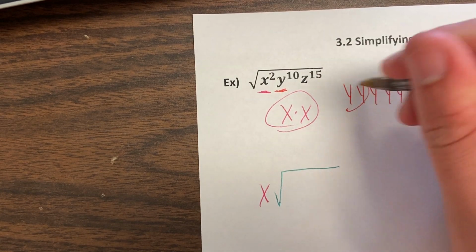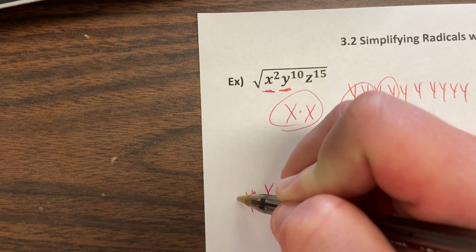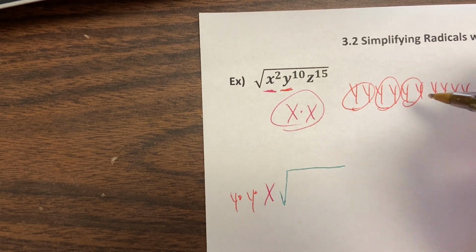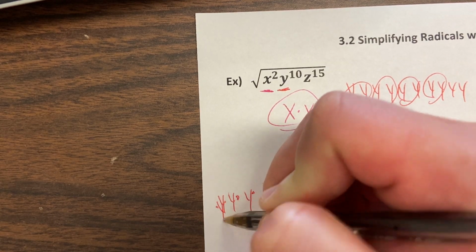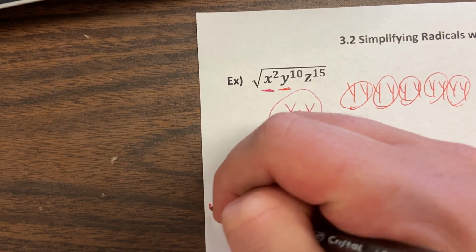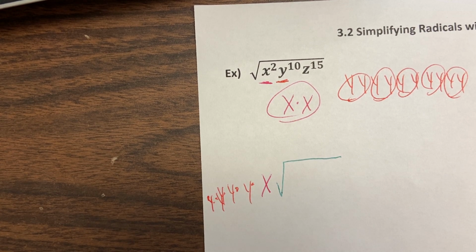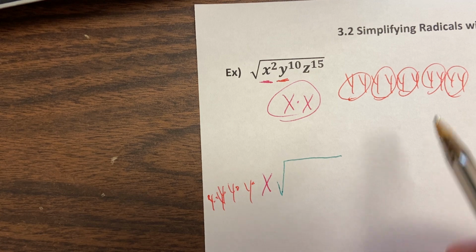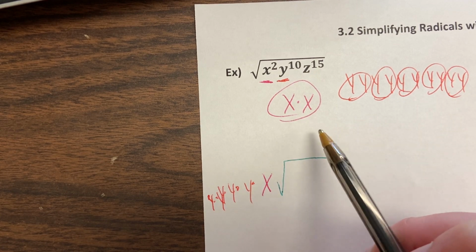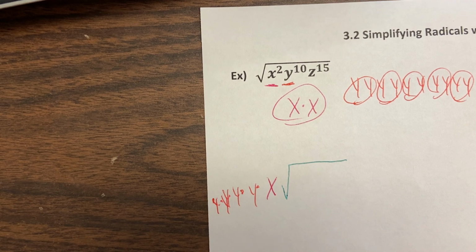I've got one pair here, another pair of y's, another pair, another pair, and one more set of y's. Then let's do our z's. Notice how, same thing with the x's, there were no x's left and no y's left. So right now we don't have anything inside of the house.